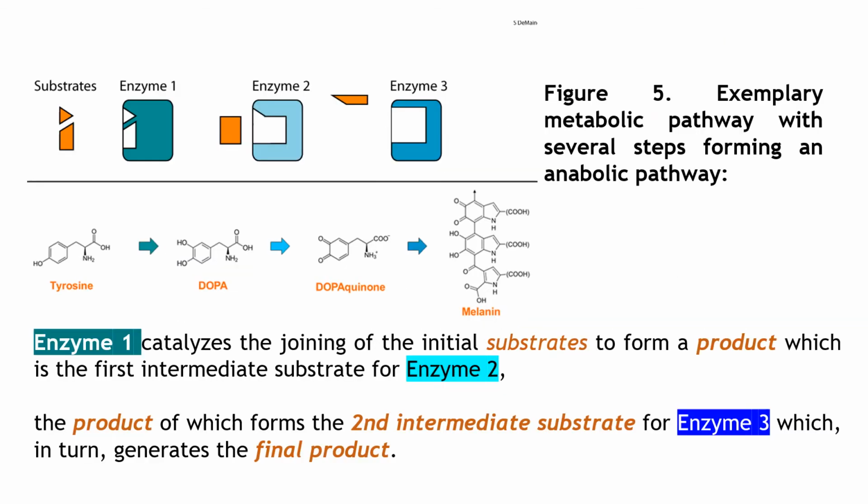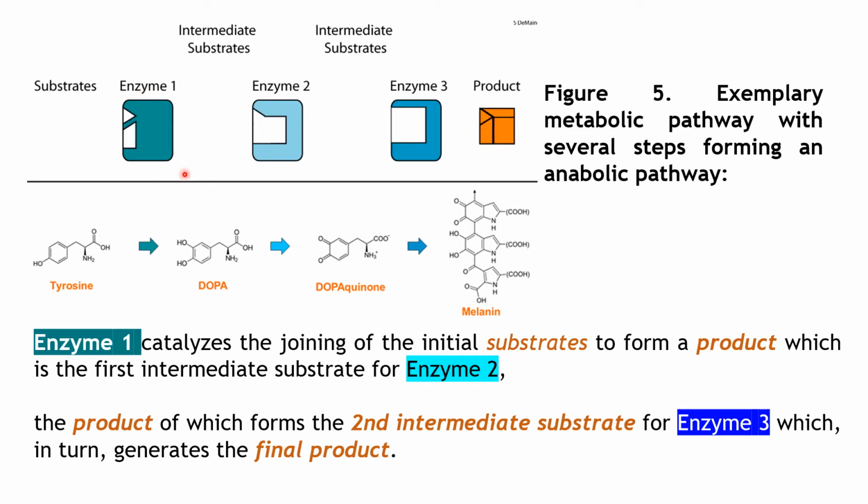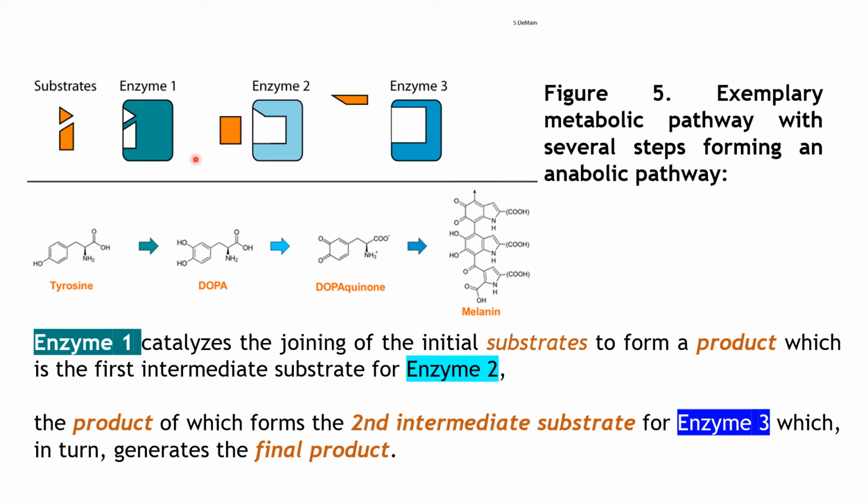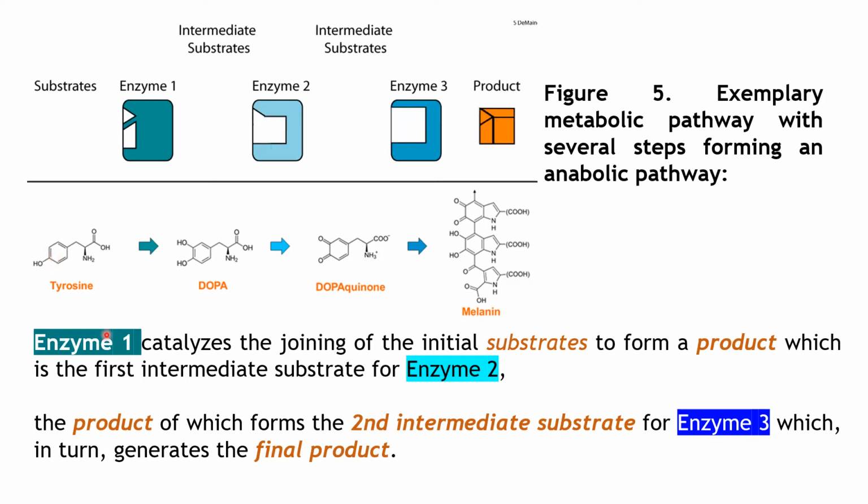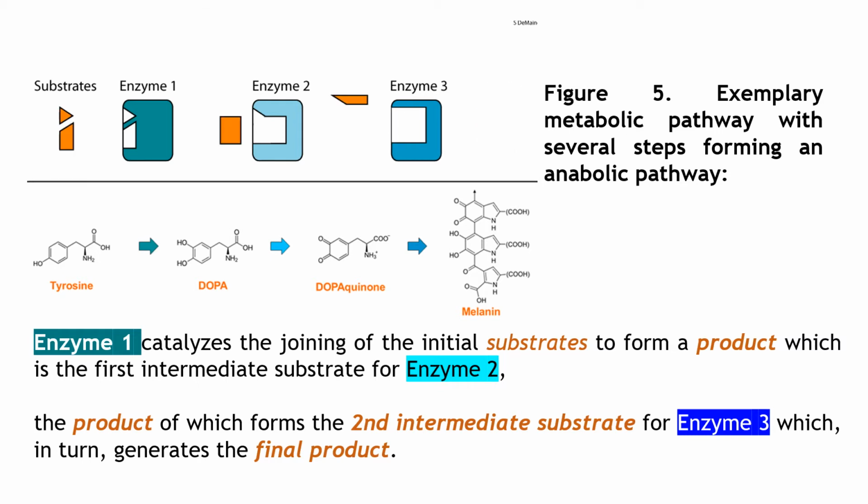Actually, it is more complicated, and instead of having one enzyme, you have an entire metabolic pathway where the product of one enzyme will be the substrate of another one, and it will be affecting that. One example of that is melanin. In our case, we're going to study something very similar, but using fruit flies.